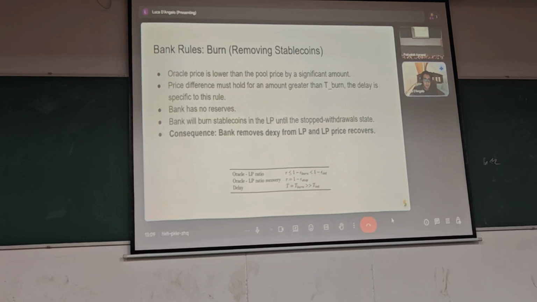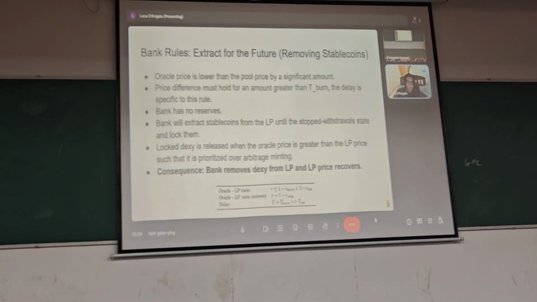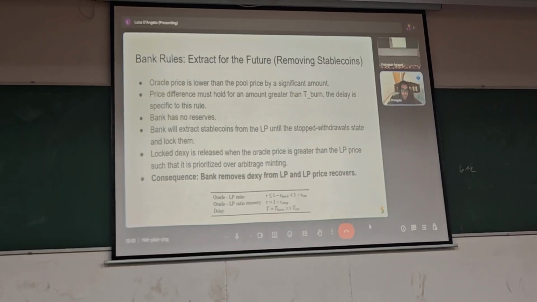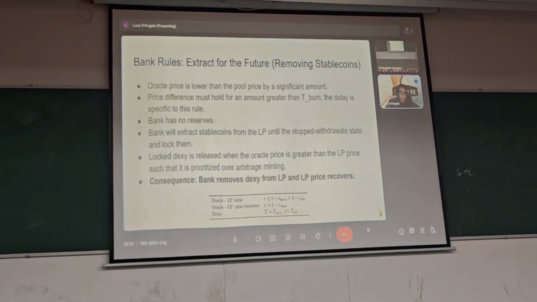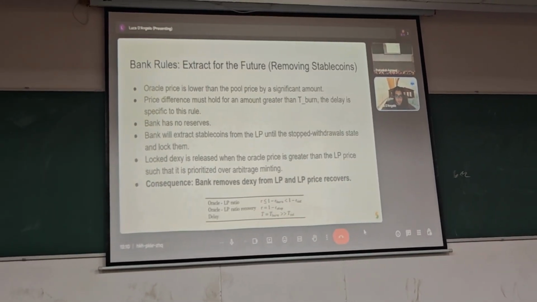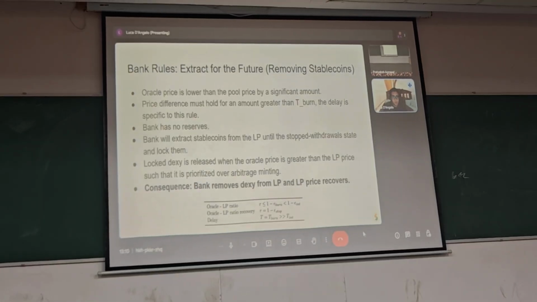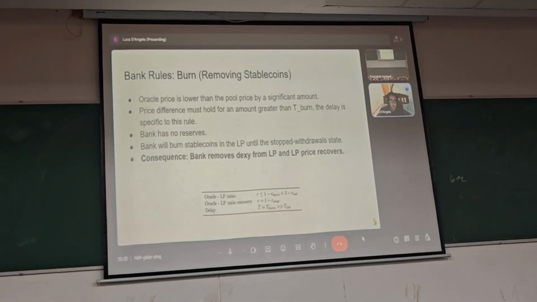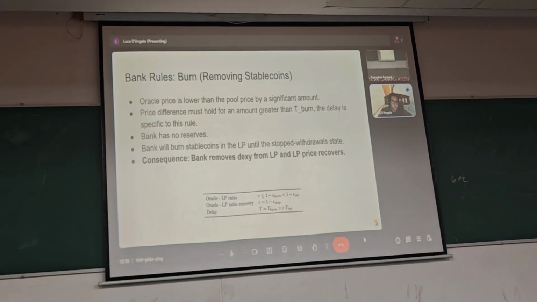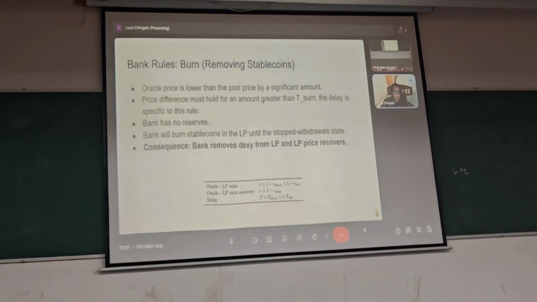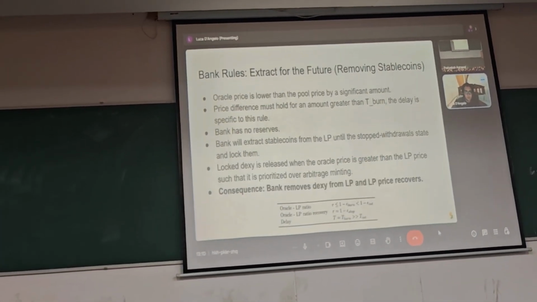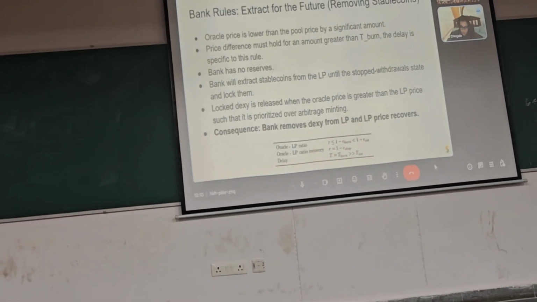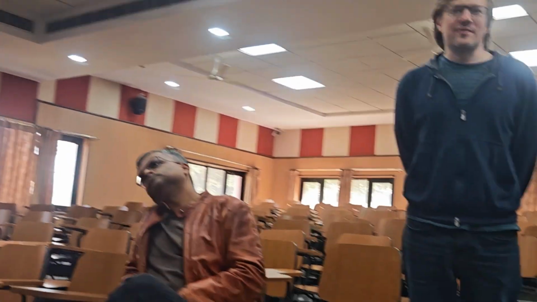That makes sense. Yeah, that's why in the practical implementations for Dexy Gold and Dexy USD, extract to the future is implemented instead. So the people's tokens aren't actually lost forever. I just included both to show, but the actual implementation has extract to the future instead of burn. So your stablecoins are extracted for the future recovery.